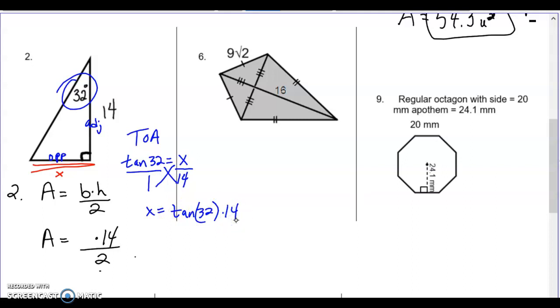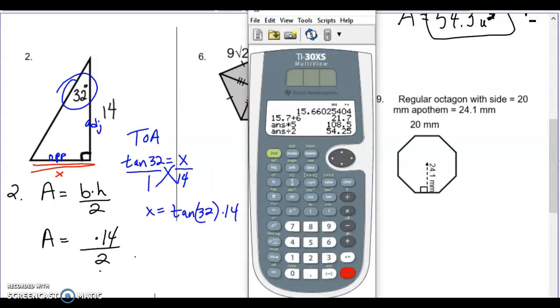Make sure, a couple of things, if you are not getting the same answers that I am on your calculator, you need to check your mode and make sure that degree is highlighted. Or if you're using the scientific calculator on the computer, make sure DEG is highlighted. We do not want RAD. So on this one I would type in tan 32.